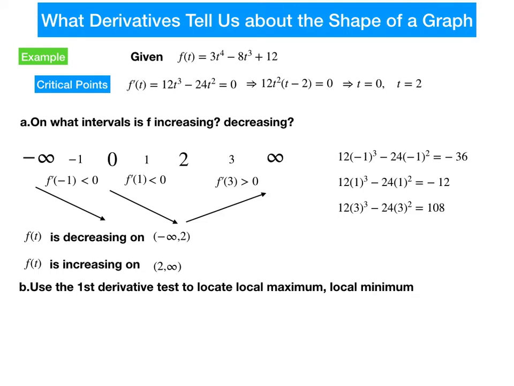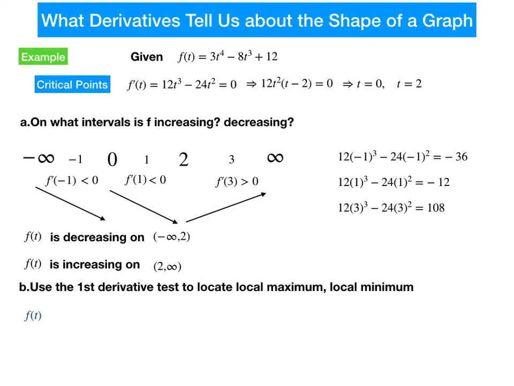Alright. Now the next question is, can you use the first derivative test to locate local maximum and or local minimum if there are any? In order to do this, we look at the table again, at the critical points, to see if there are any changes in the behavior of the function.